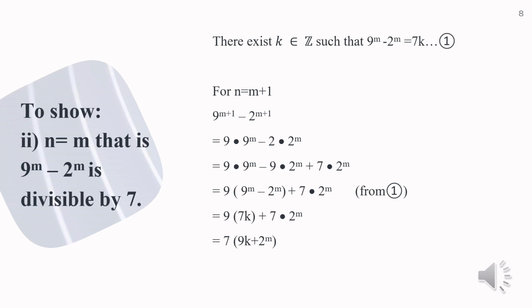So, we have 9 times (9^m minus 2^m) plus 7 times 2^m. From expression 1, we have 9 times 7k plus 7 times 2^m. Then finally, we have 7 times (9k plus 2^m).